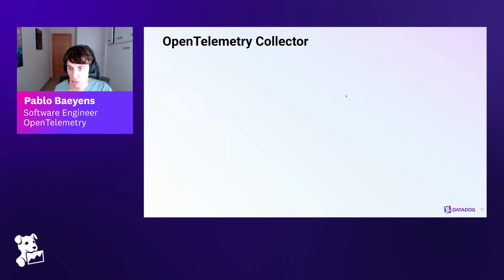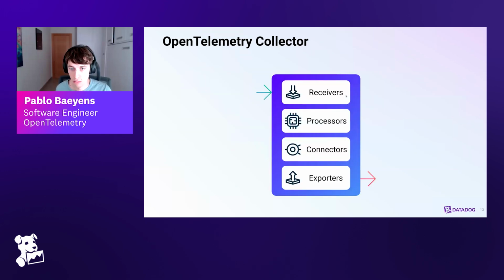So you are able to receive, process in some way, and export traces, metrics, logs, some profiles, and it covers a wide variety of use cases. You can use it with commercial and open source solutions. So you could receive, say, metrics with an open source solution like Prometheus. You can enrich those metrics in some way with a processor, and then you can export it to a backend like Datadog.